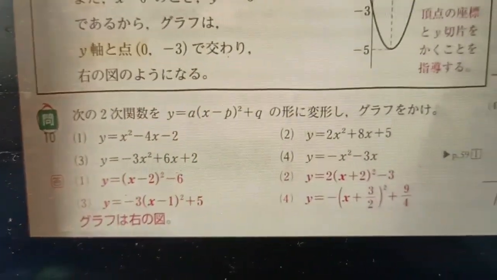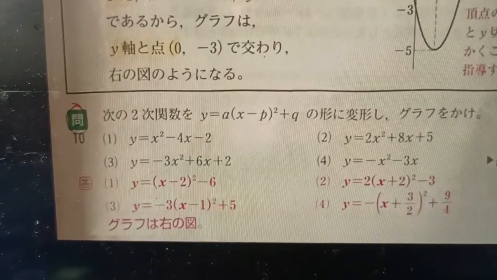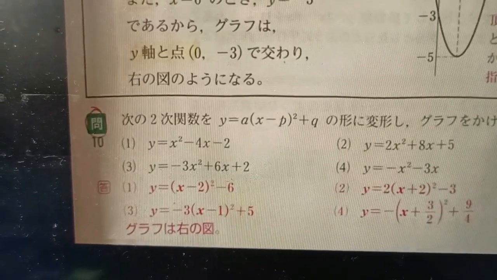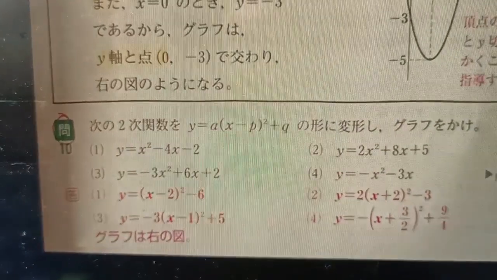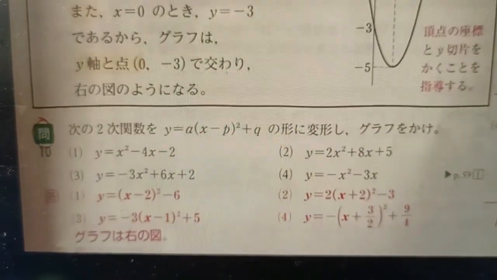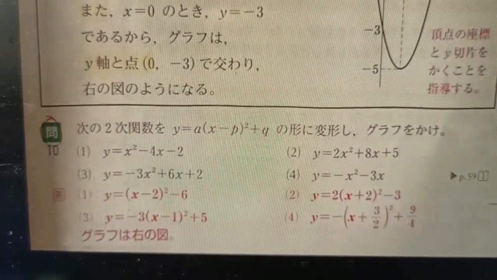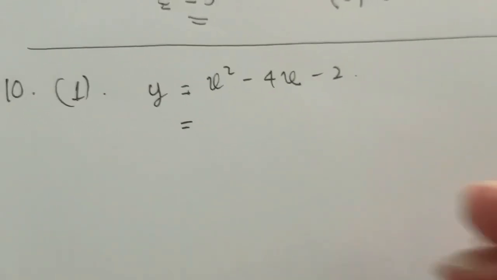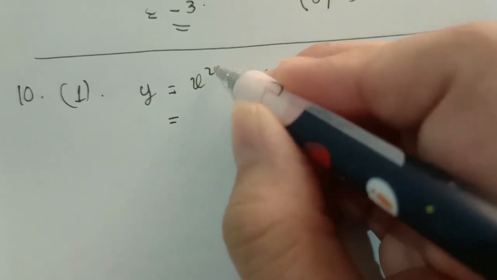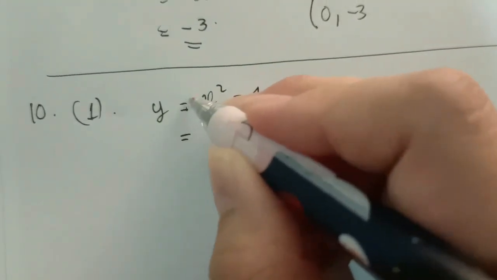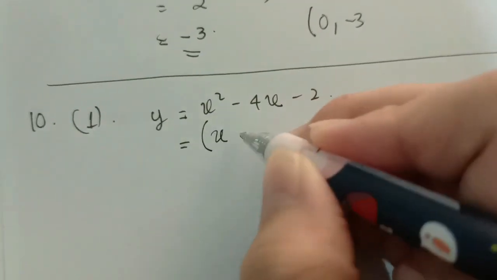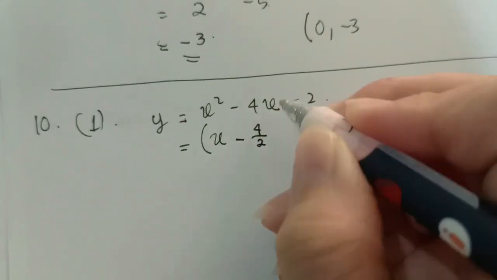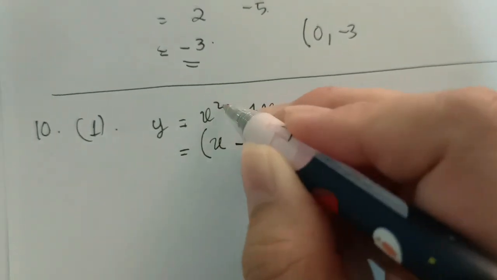Now let's try to solve problem number 10. Transform the following quadratic functions into the form y = a(x - b)² + q and draw the graph. Number 1. y = x² - 4x - 2. First thing we do is remove the square because there's no number over here. x, minus 4 divided by 2. The x is gone, the square is gone.